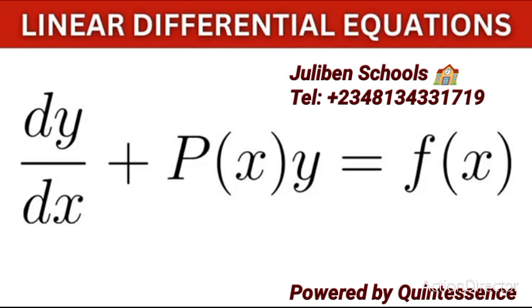Now, in the homogeneous realm, where q of x is equal to 0, you can have a linear homogeneous DE and a non-linear homogeneous DE. You get it? As for the non-homogeneous DE, you don't talk about linear non-homogeneous or linear homogeneous as the case may be.